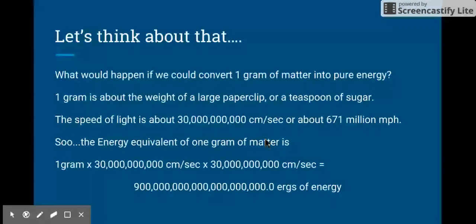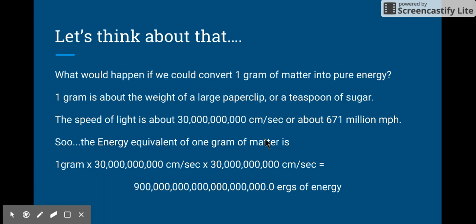So let's try a sample question. What would happen if we converted 1 gram of matter into pure energy? 1 gram is about the weight of a large paperclip, or maybe a teaspoon of sugar, so not very much. The speed of light is about 30 billion centimeters per second, or about 671 million miles per hour.